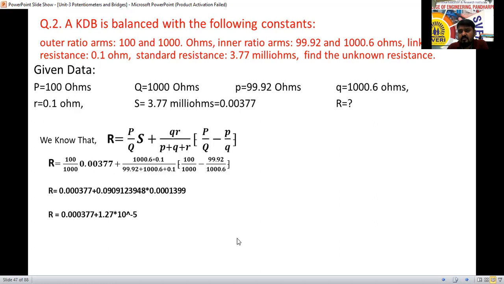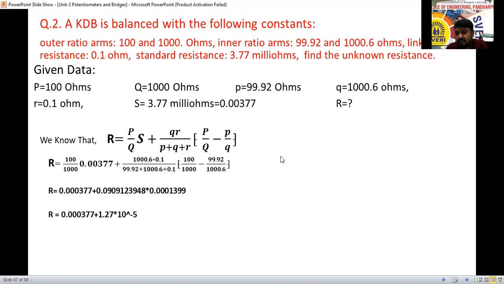Yes. The Kelvin double bridge is used to measure low resistances, high resistances, or medium resistances. Which one? Medium resistance. Yes. Any other answers? Kelvin double bridge is used for the measurement of high resistances, medium resistances, or low resistances.